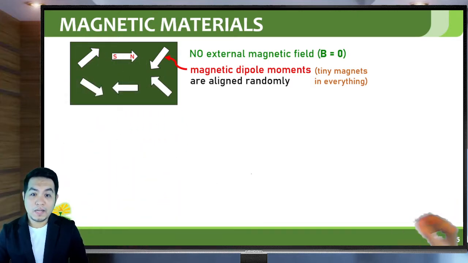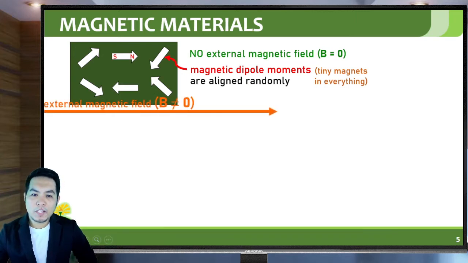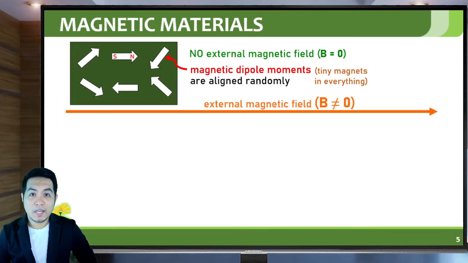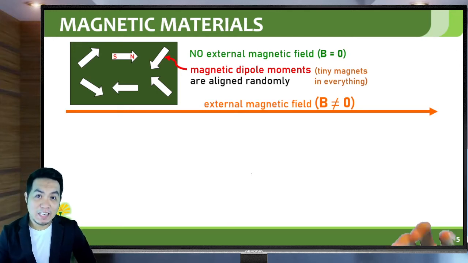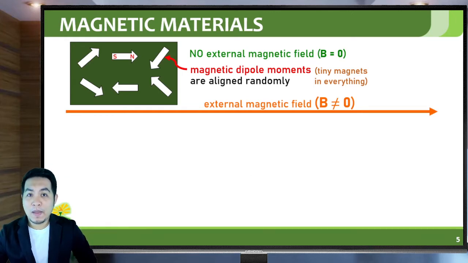which makes this ordinary material have no magnetism. Now, if you expose this material to an external magnetic field, such as placing it near a magnet, there are three different reactions depending on the type of material.